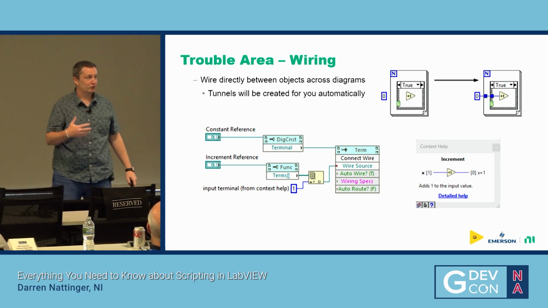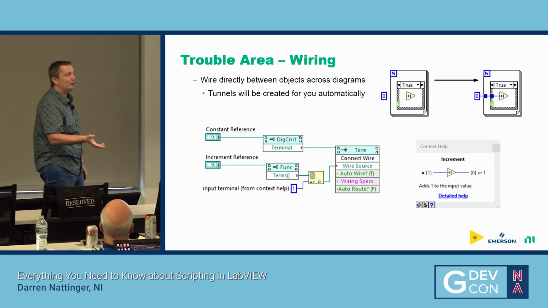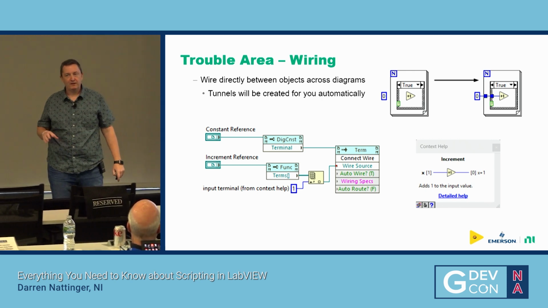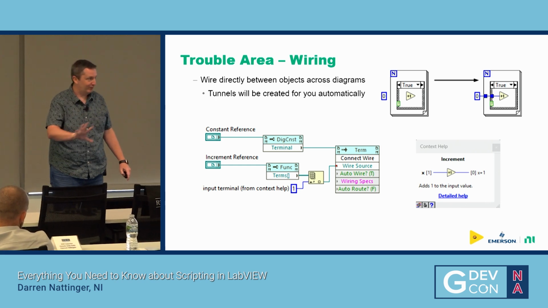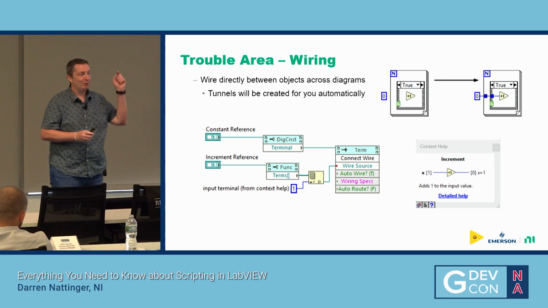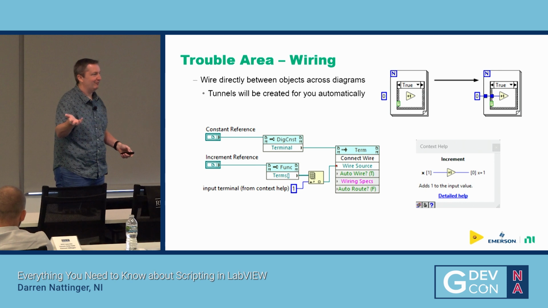So in this case, terminal 0 is actually the output of the function, and terminal 1 is the input. That's how I knew to use a 1 to wire to that. So whenever I work with scripting, whenever I work with wiring, I've always got the context help window open. And I'm always dropping dummy functions on my block diagram and hovering over them to see what their terminal indexes are.